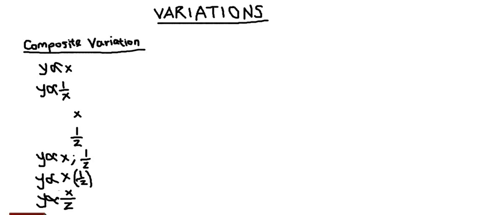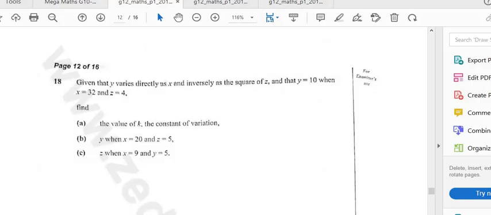And of course, after this notation, we can get the equation in k, which is the constant of variation, and apply whatever initial conditions have been provided in order to solve for the unknown variables. So we can look at an example where direct and indirect variations have been combined in one question, which is an example of composite variation.